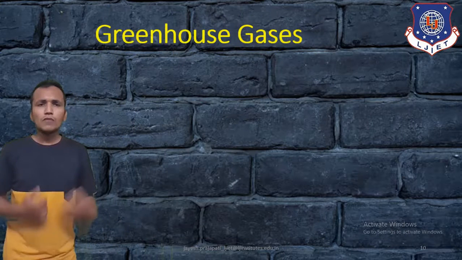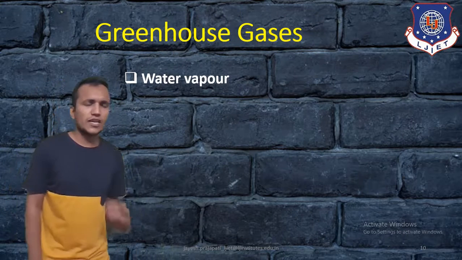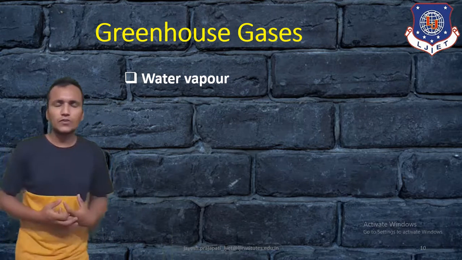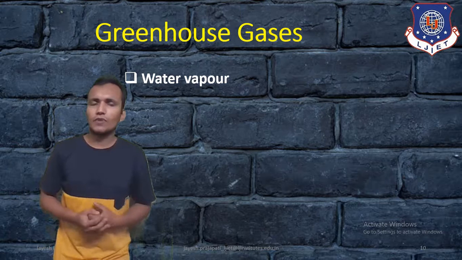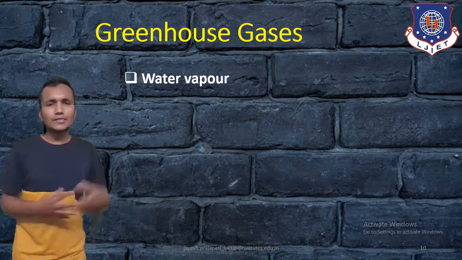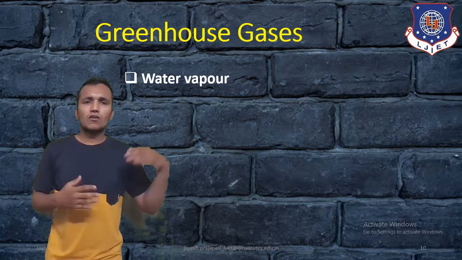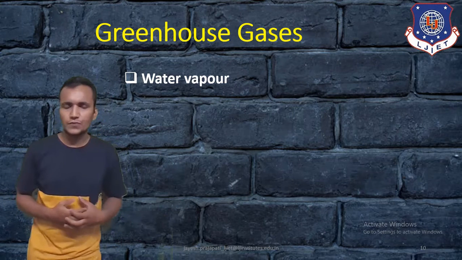Now we have to discuss the greenhouse gases. There are different greenhouse gases available in the atmosphere. First is water vapor, which is available in our atmosphere and also affects it.